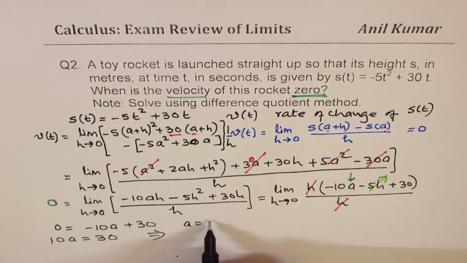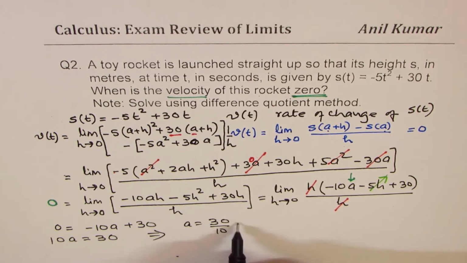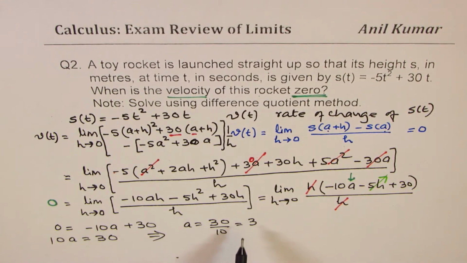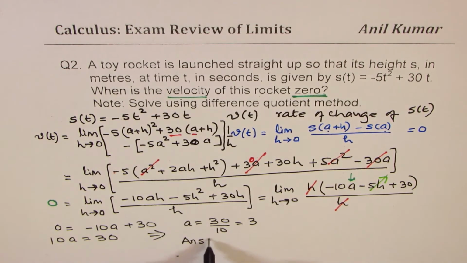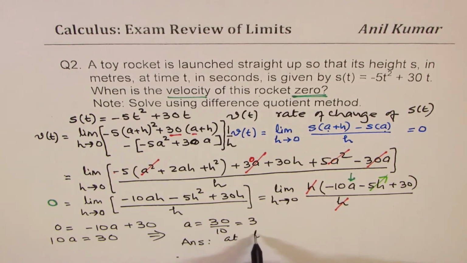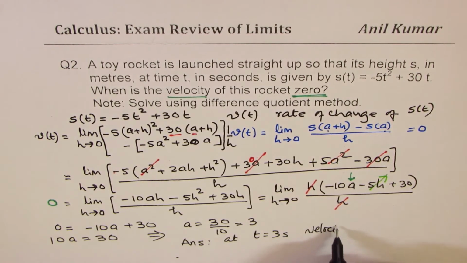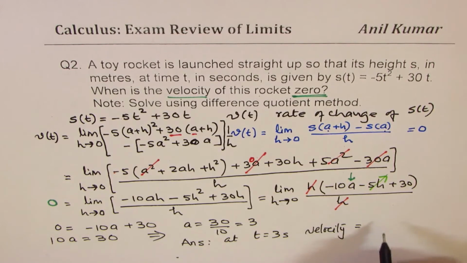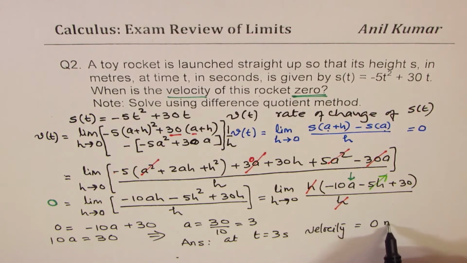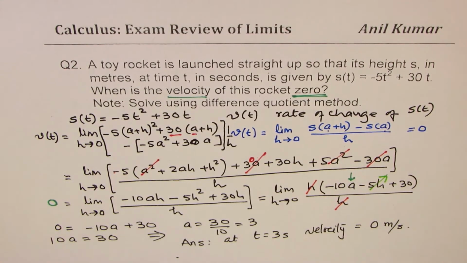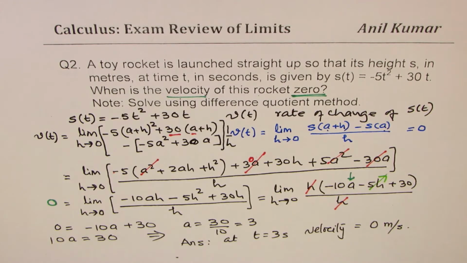So a equals to 30 divided by 10, which is 3. So basically, at t equals to 3, velocity is going to be 0. So we can write down our answer. At t equals to 3 seconds, velocity equals to 0 meters per second. Is that clear? So that is how this question is to be solved.